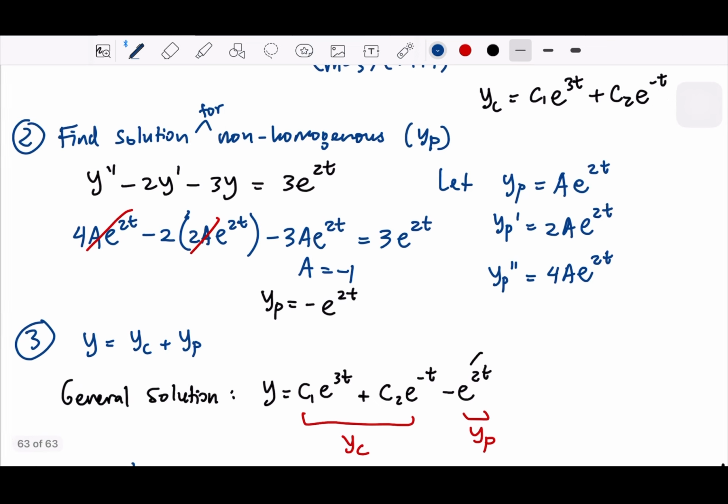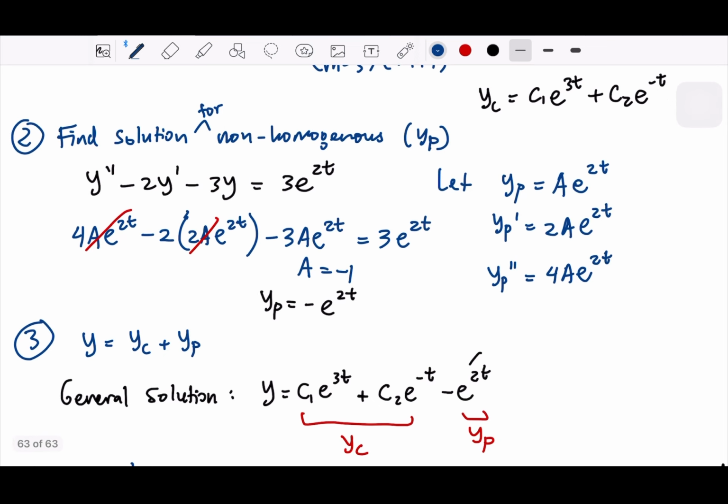This general solution can also lose the constants if we know the initial condition. I hope you still remember how to check the value, look at the constant, and then put the constant here.